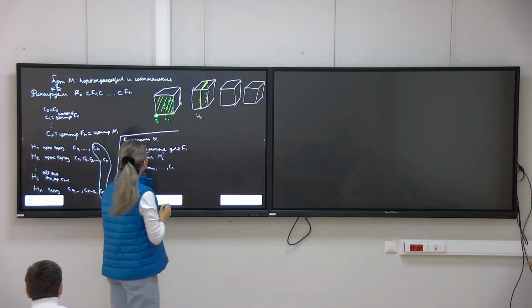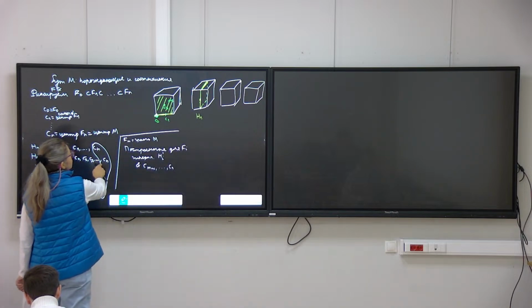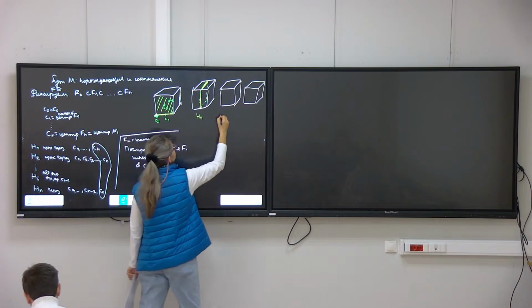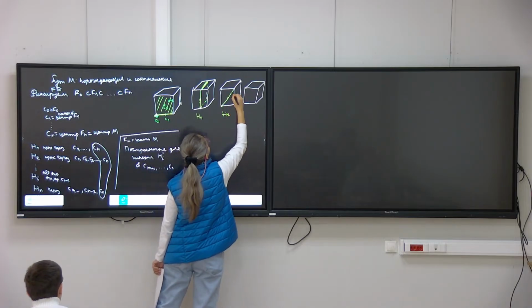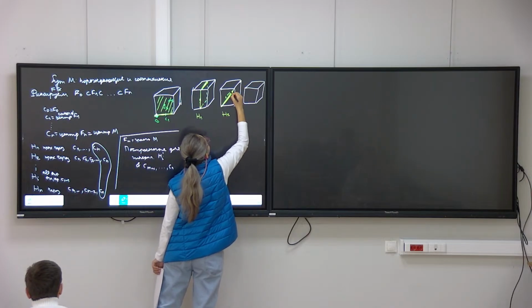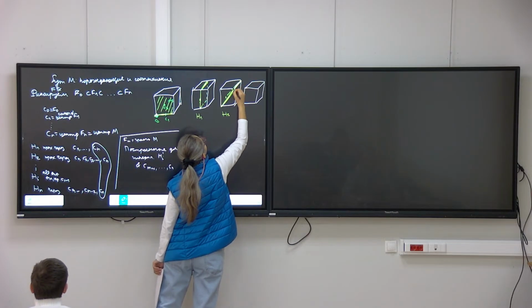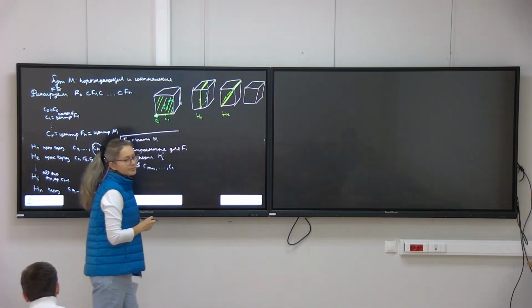Now what about H2? C0, C2. It means this and this, so the diagonal, the opposite diagonal. So this is a rectangular section.